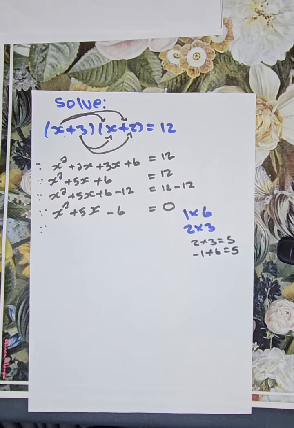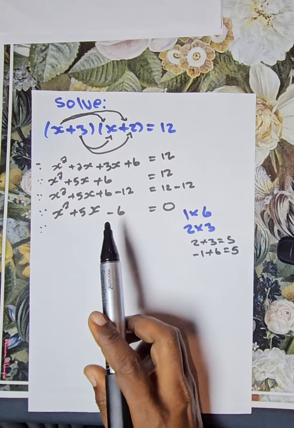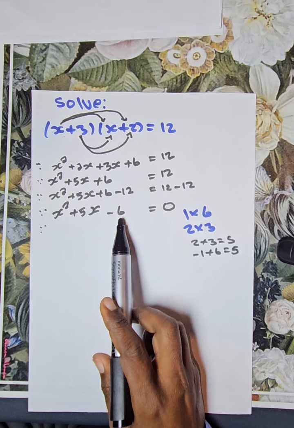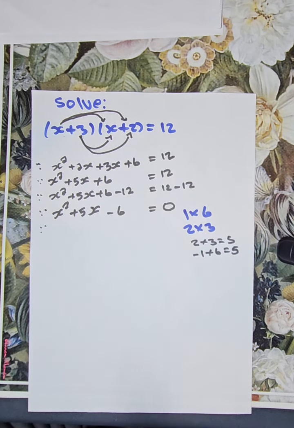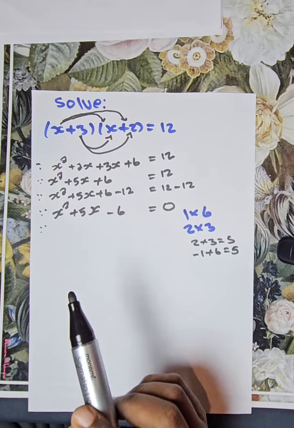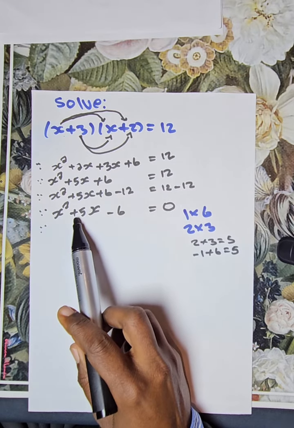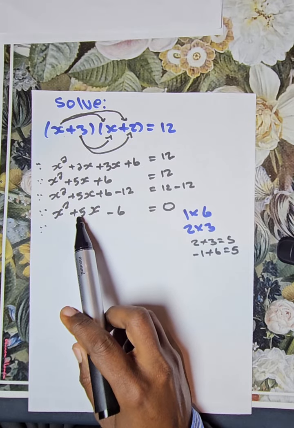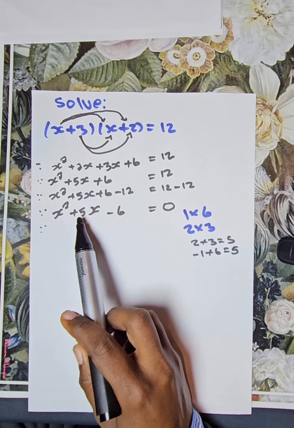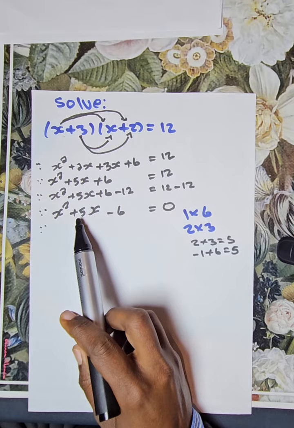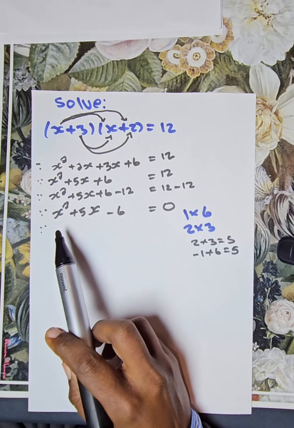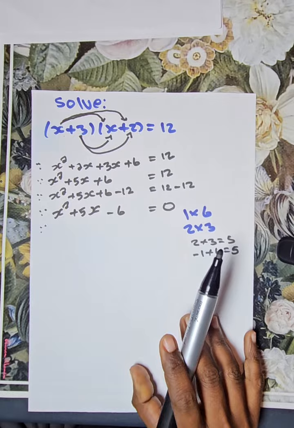Well, in order to choose the correct pair, you need to check what sign the 6 has. Negative. What is this negative sign telling you? It is telling us the factors must have two different signs.